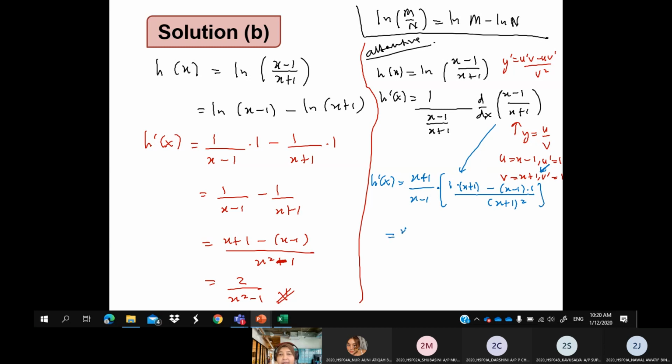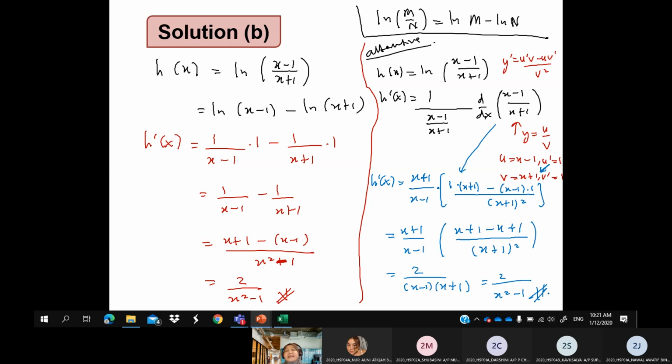Then simplify: (x plus 1 minus x plus 1) over (x plus 1) squared. Cancel, and get 2 over (x minus 1)(x plus 1), or 2 over x squared minus 1. Done.